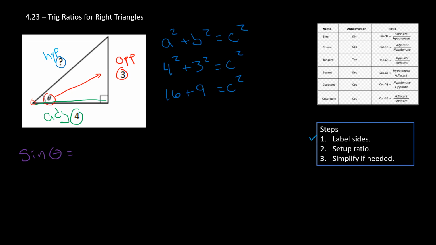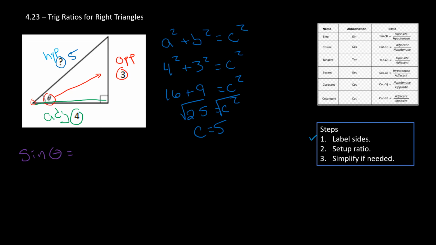Well, 9 plus 16 is 25, equals c squared. To isolate c, we take the square root of both sides, and we get that c equals 5. So just a little review of the Pythagorean theorem. You guys did pretty well on that lesson, so I'm not too worried about this skill.